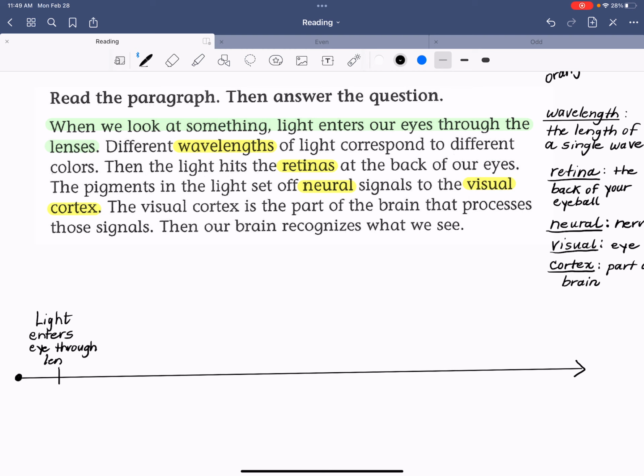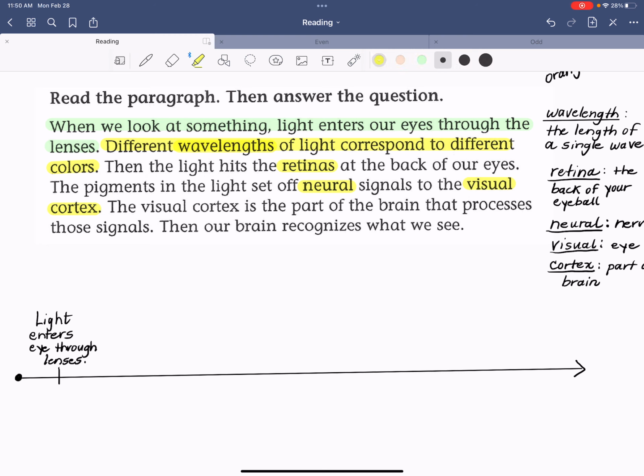Each of your eyes has a lens, and the light passes through. Okay, what's the next thing that happens? Now, I know that this sentence is there, but that's not something that occurs. That's just a fact of science.